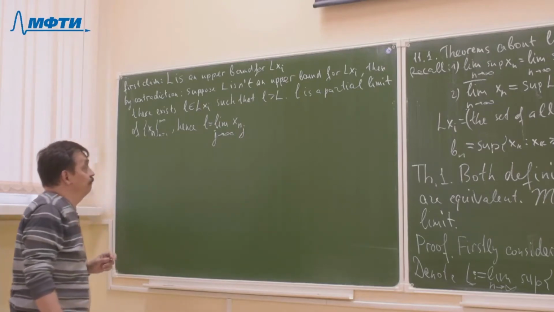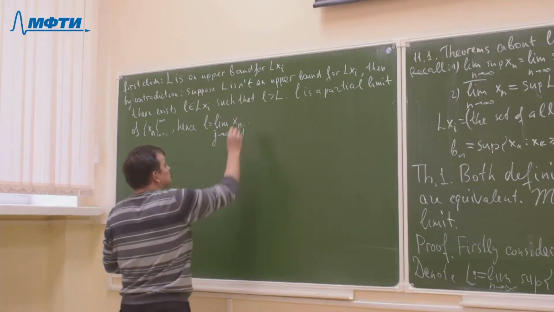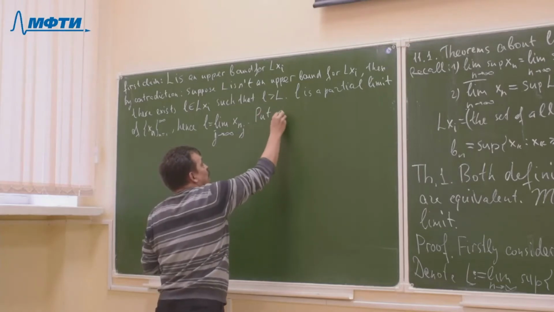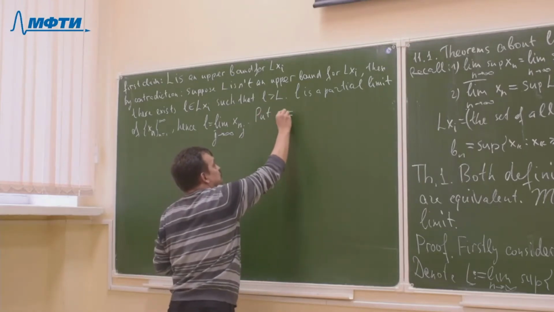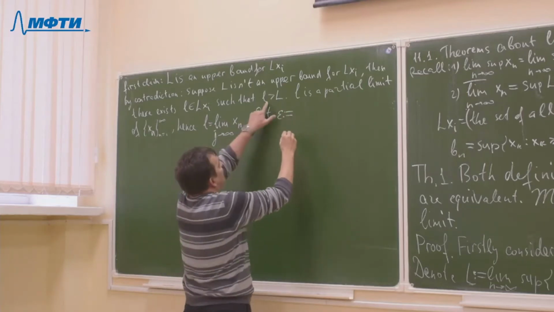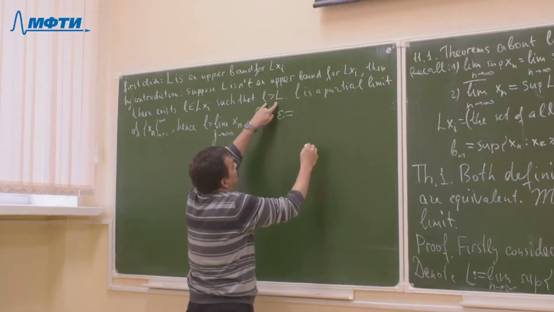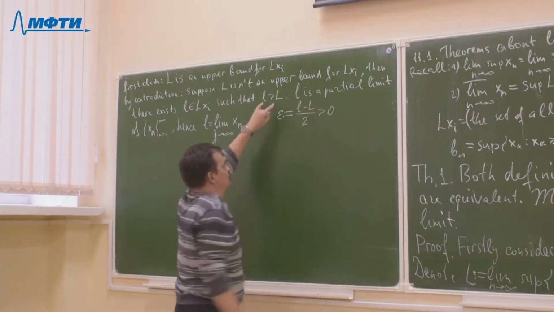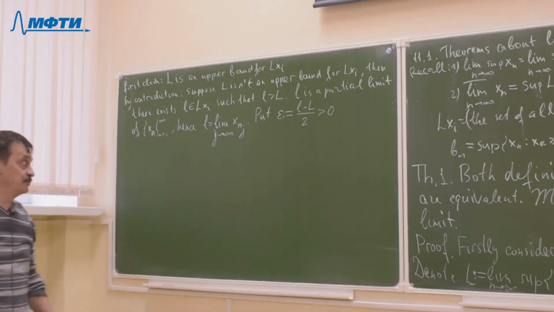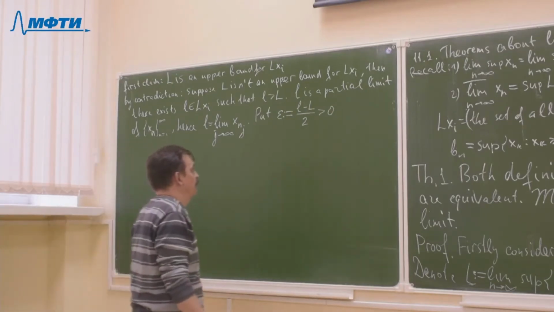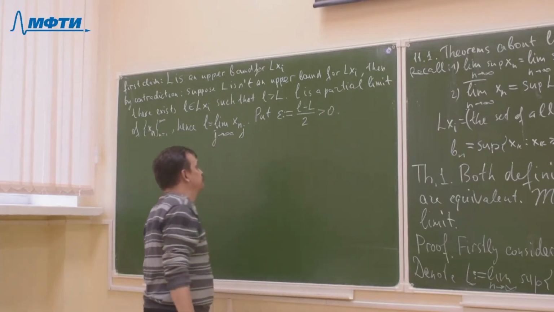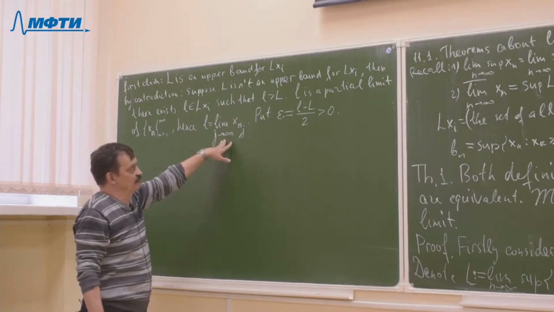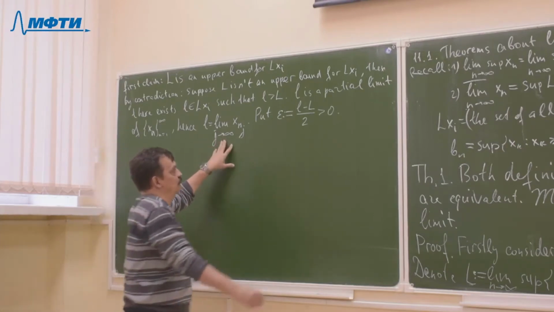Okay, now put epsilon equals to (l minus L) over 2, since l is greater than capital L, and that is a positive number by our supposition. So then from the definition of the limit, what can we deduce?